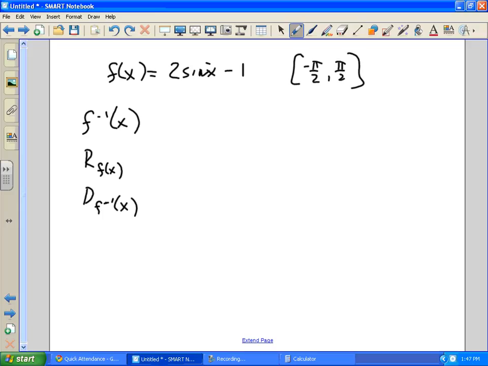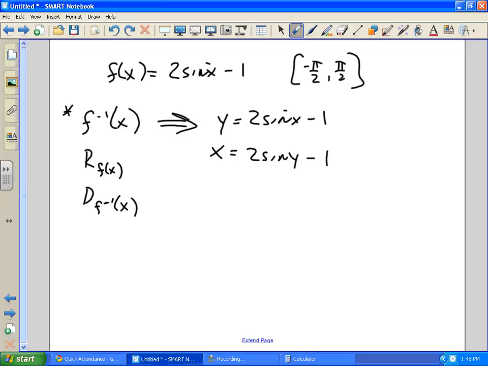So let's start. How would I find the inverse? It's a 3-step process. We change f of x to y, just like we did when we found other inverses. You switch the x's and the y's, so I now get x equals 2 sine of y minus 1.